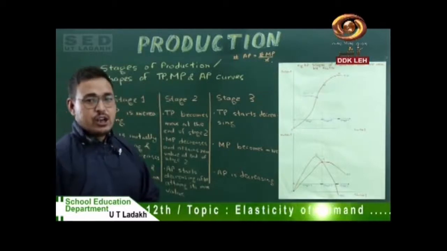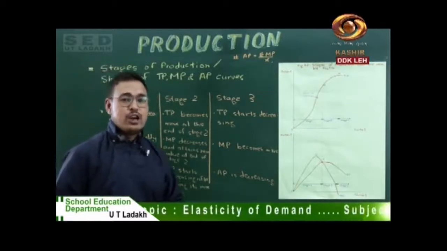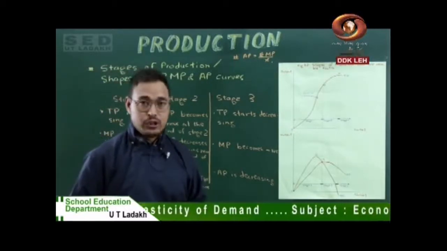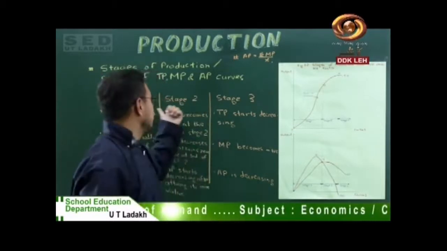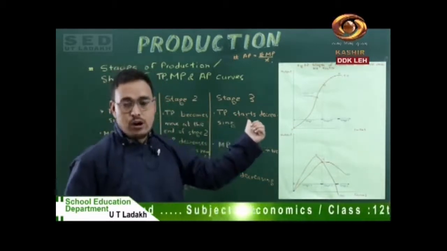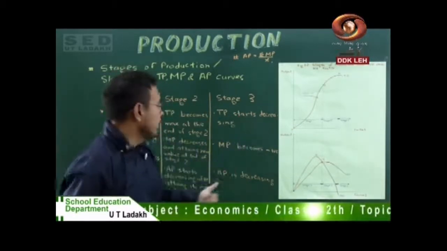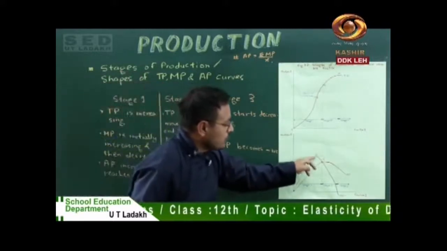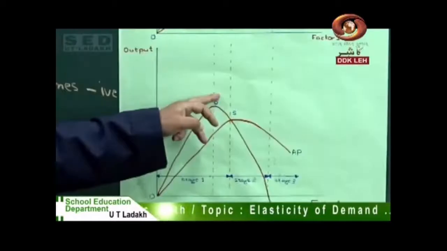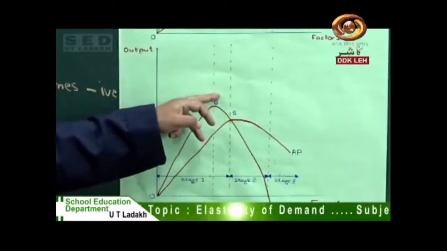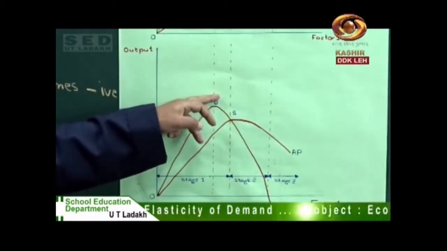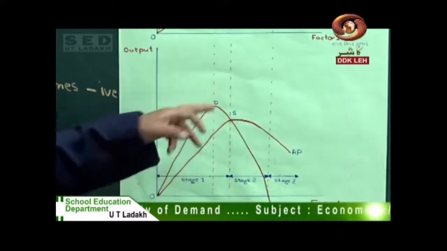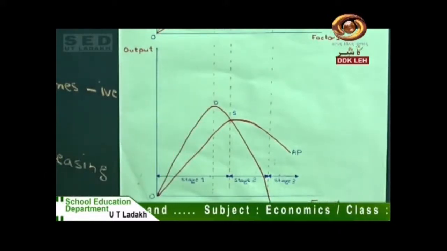Now the question is, as a producer, where shall he produce? In which stage? Shall it be stage 1, stage 2 or stage 3? Here we say, in stage 1 your marginal productivity is increasing. So a rational producer will still like to produce more and more because your additional labor is still giving some contribution.